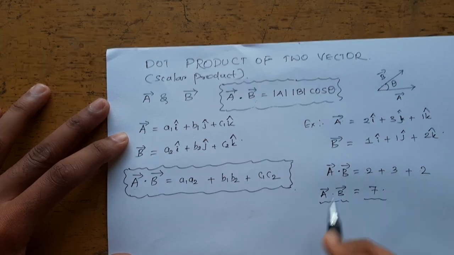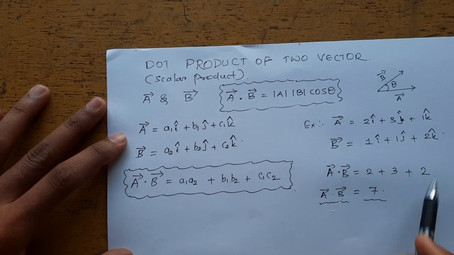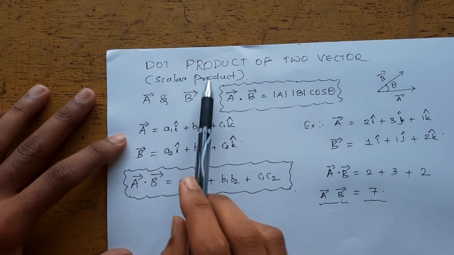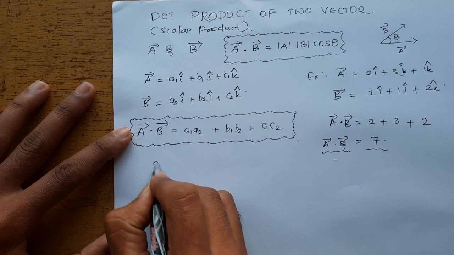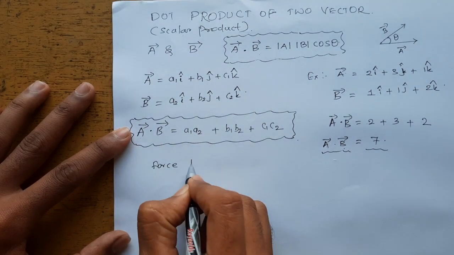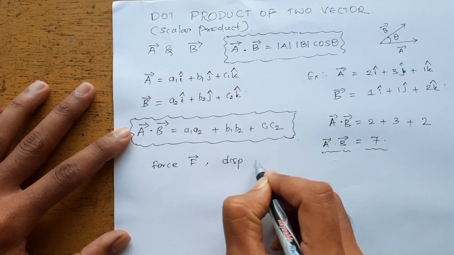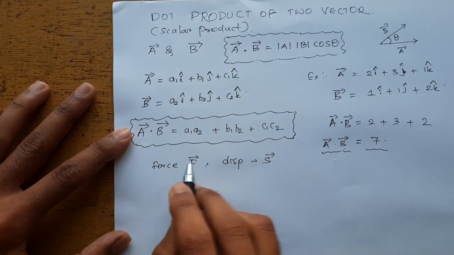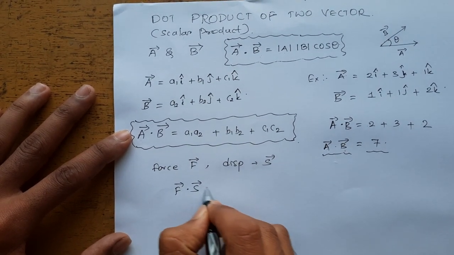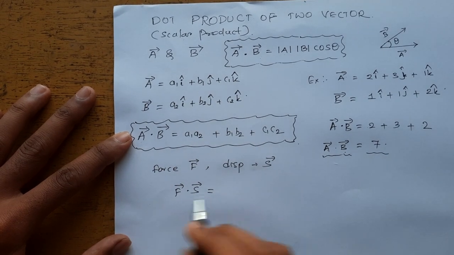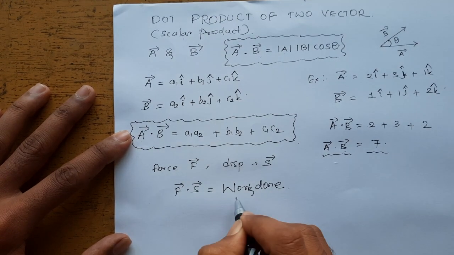Now we have to observe here, A is vector, B is vector, but we are getting 7. 7 is a scalar. Therefore we also call it a scalar product. For example, in physics we have seen force is a vector, sometimes denoted by F. Then displacement is a vector, denoted by S. If you multiply force and displacement, force into displacement is nothing but work done.